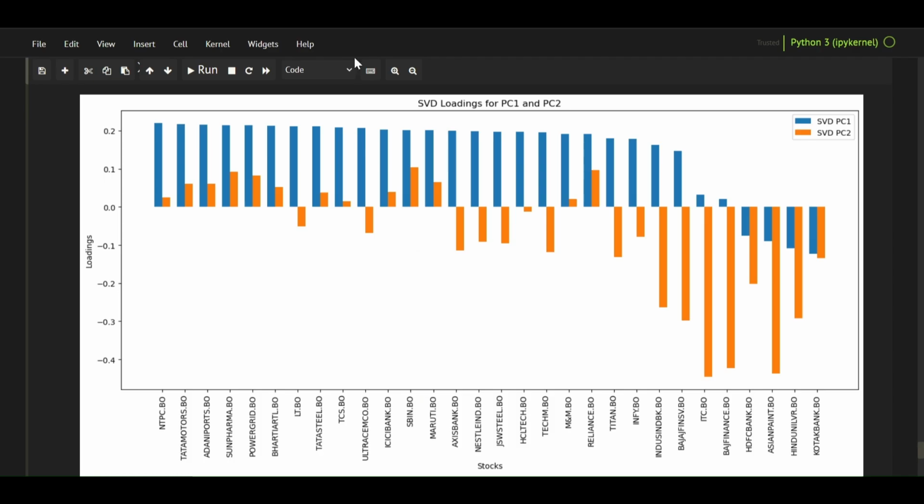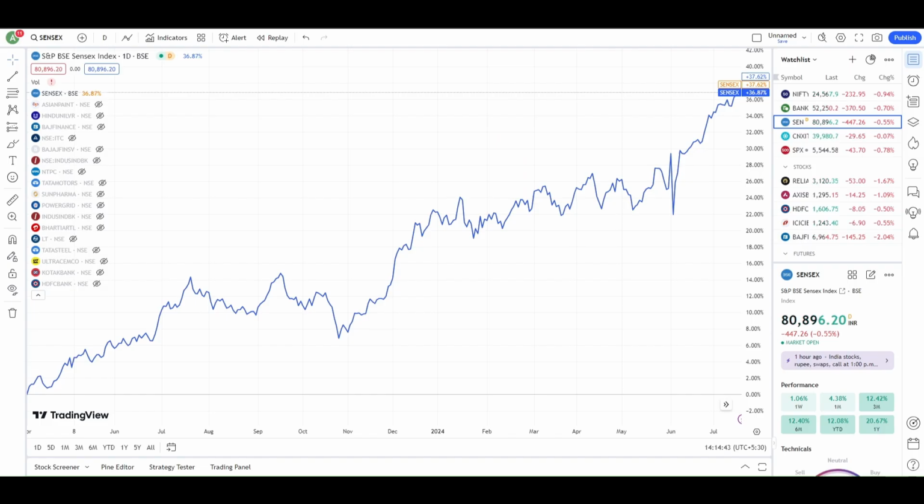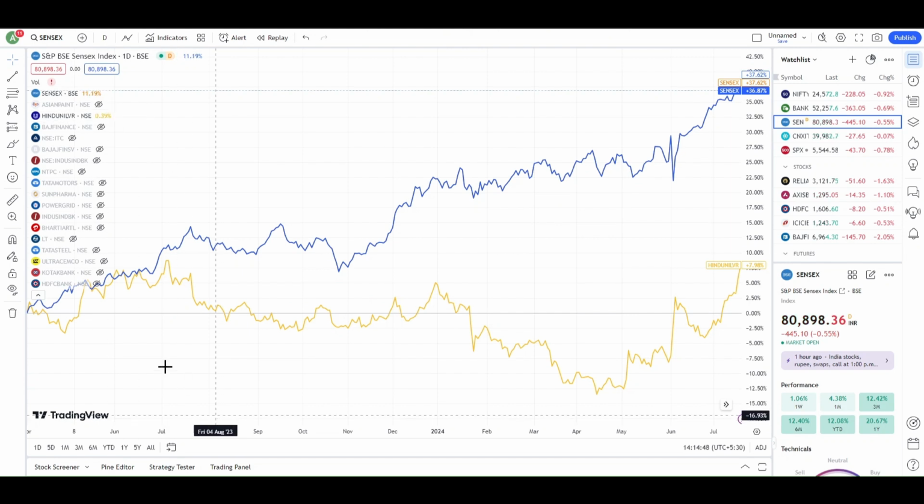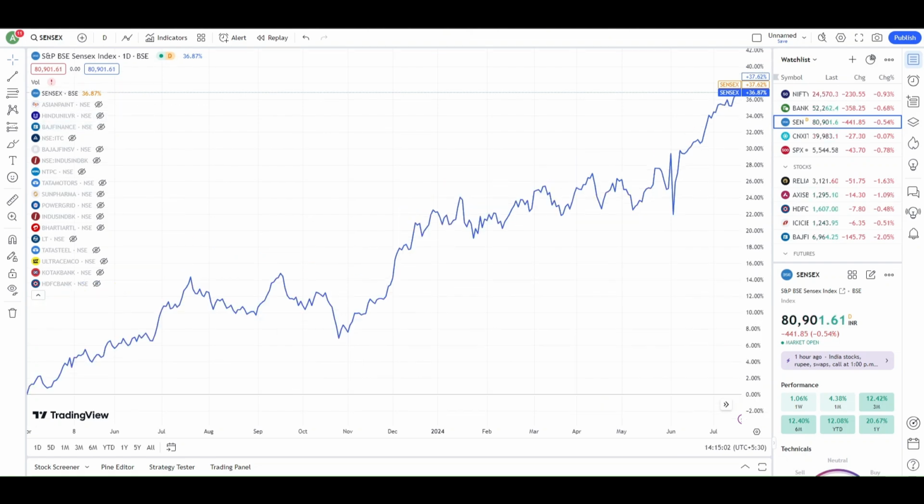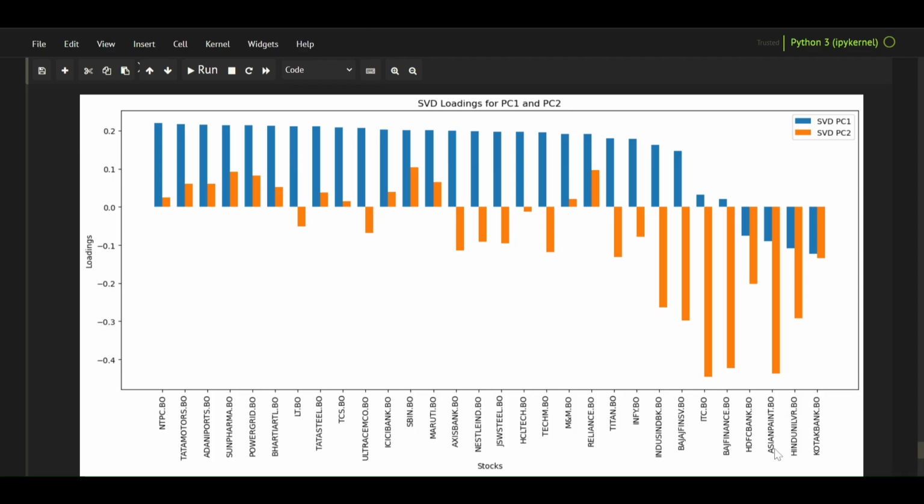So this proves that our theory is working. The next part is that it also says that Hindustan Lever is also negatively correlated. So let me just see, Hindustan Lever is here. And there you are. For the period under consideration, Hindustan Lever is also not moving in tandem with the Sensex. So there also the PCA has given us good insight. Let's see, the next is Asian Paints.